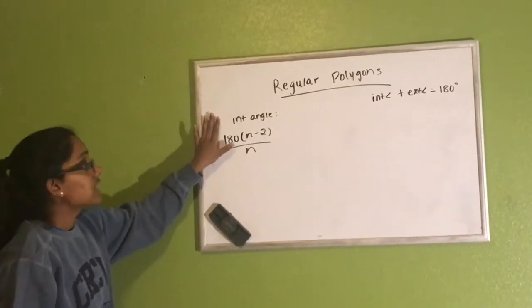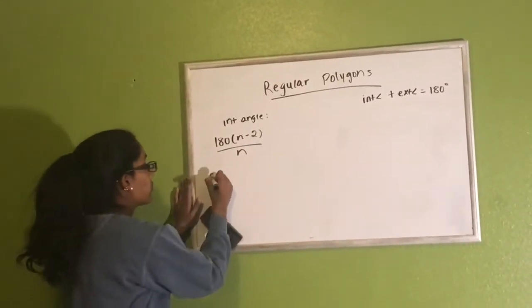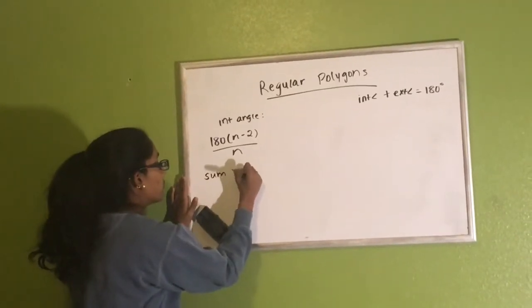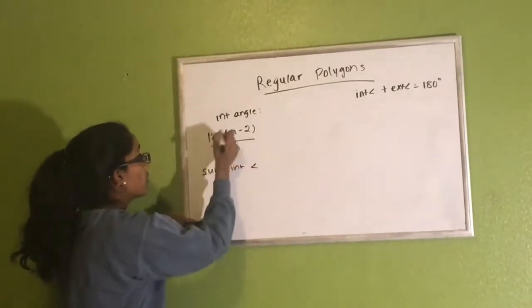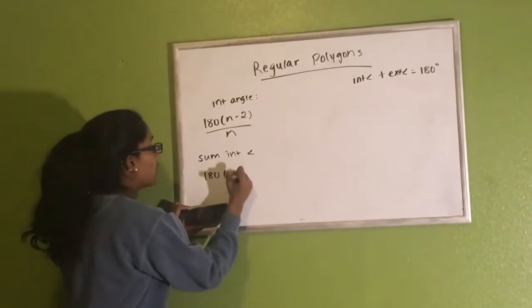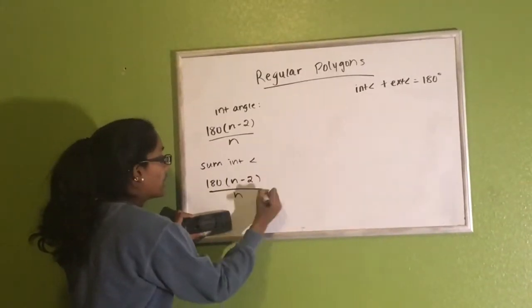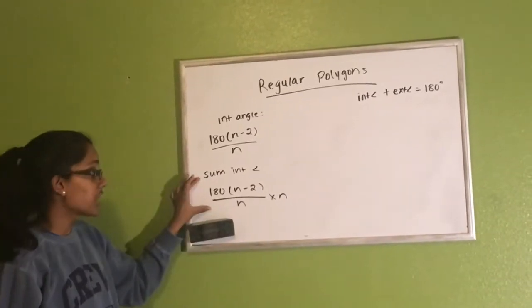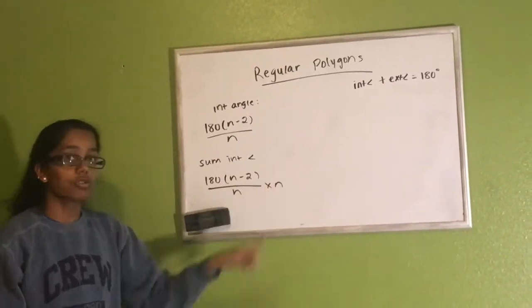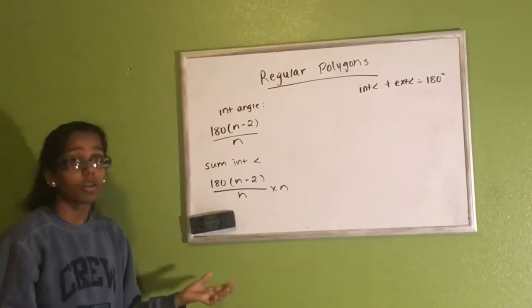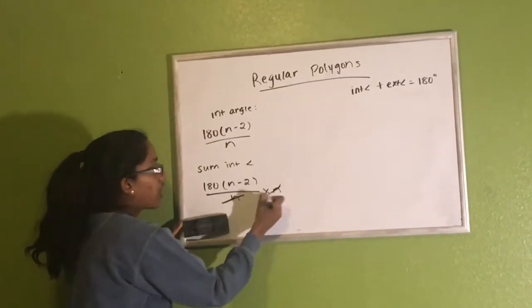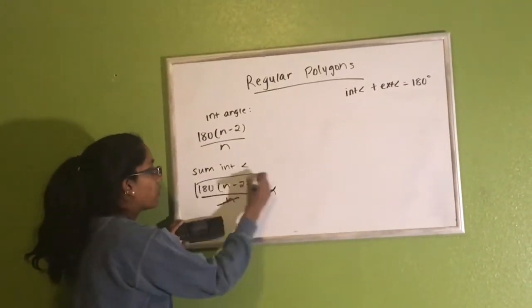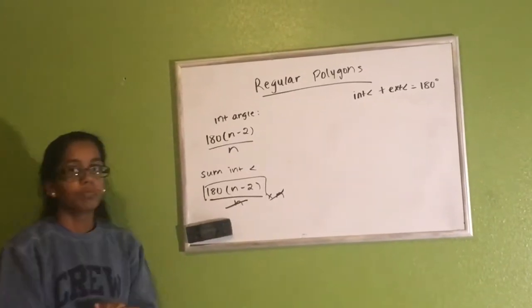If you want to find the sum of the interior angles, you would do this formula, 180 times n minus 2 divided by n times n, the total number of angles, because this is each angle, this is the total number of angles, to find the total sum of all the angles. So you would cross out the n's, and you would be left with 180 times n minus 2.